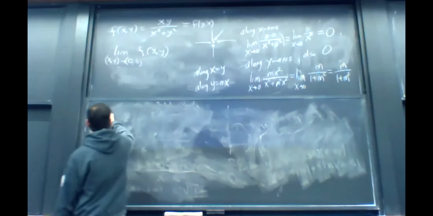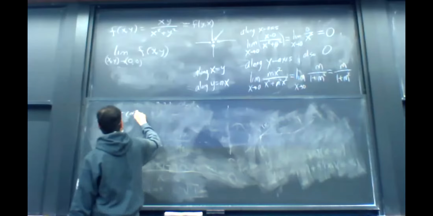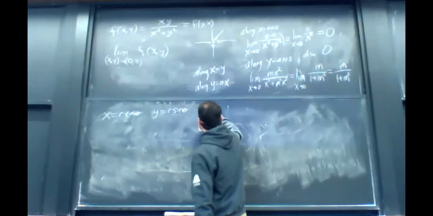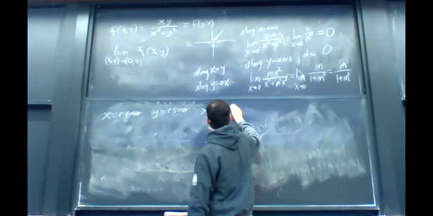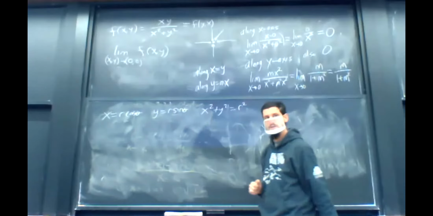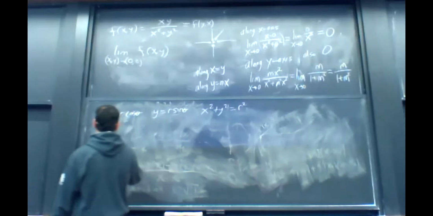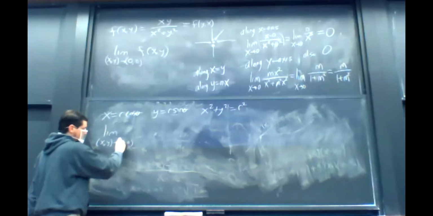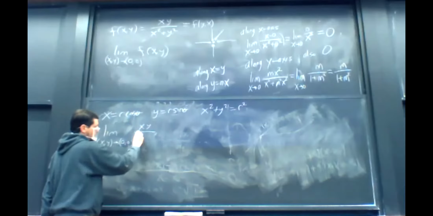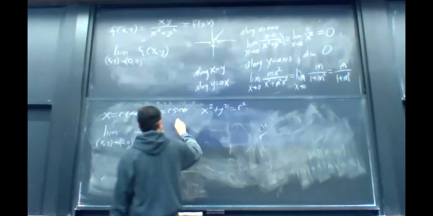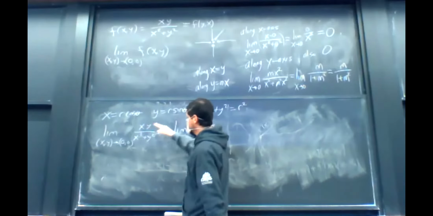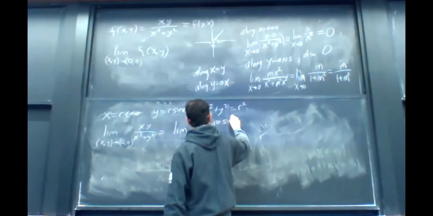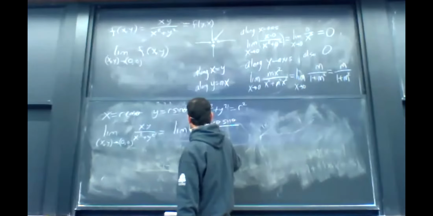Use polar. So x is r cosine theta, y is r sine theta, x squared plus y squared is r squared. And so the limit as (x,y) goes to (0,0) of xy over x squared plus y squared is the same as the limit where xy becomes r squared cosine theta sine theta divided by r squared.